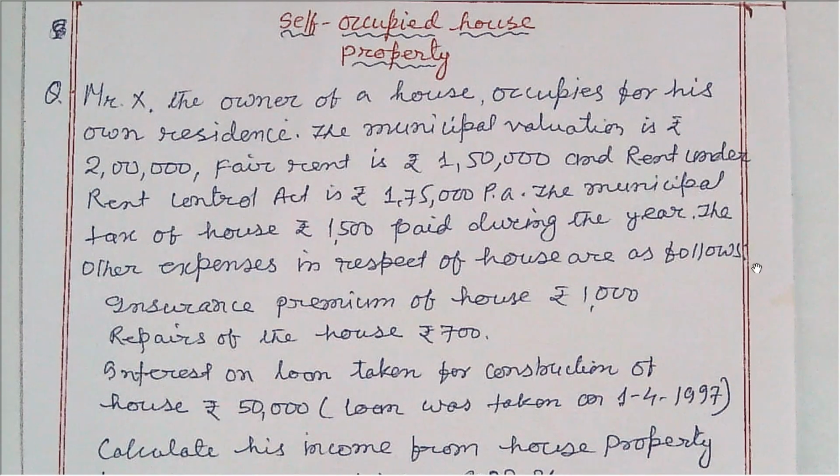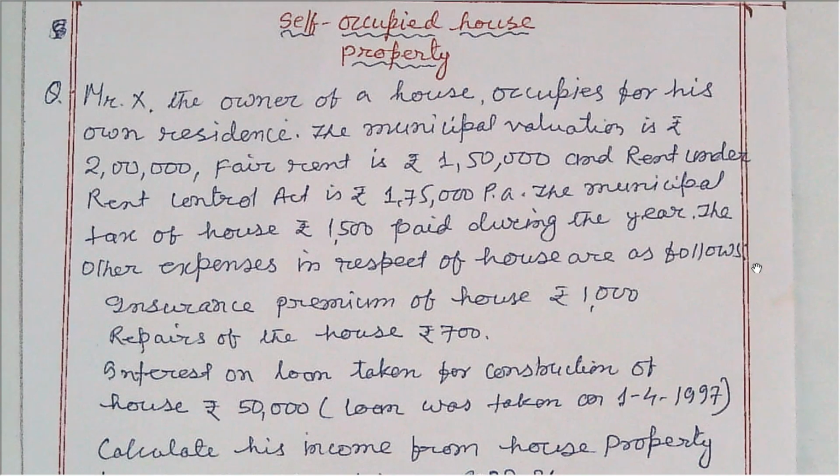So two self-occupied houses are exempt from tax, and if more than two houses are occupied for residential purposes, then as per the choice of the owner, any two houses are exempted, and the third house is deemed to be let out, and it will be chargeable to tax.